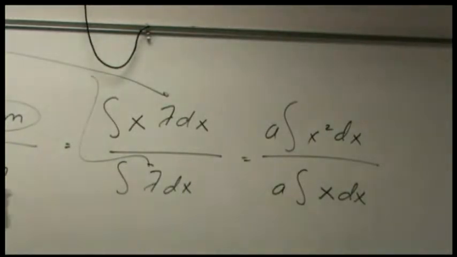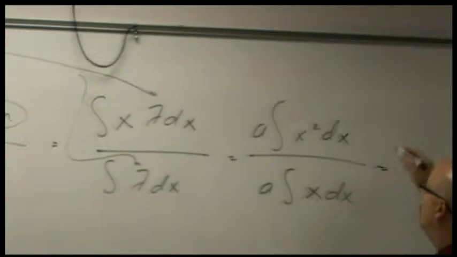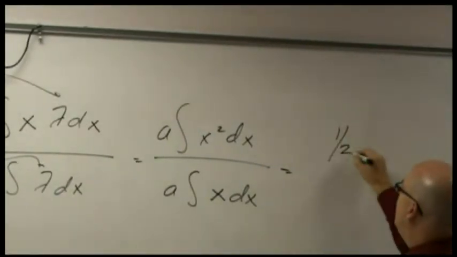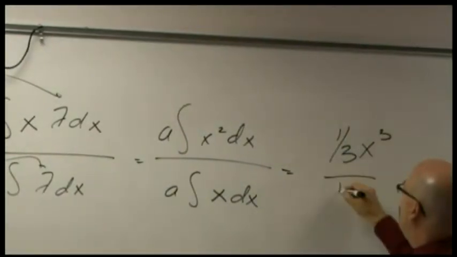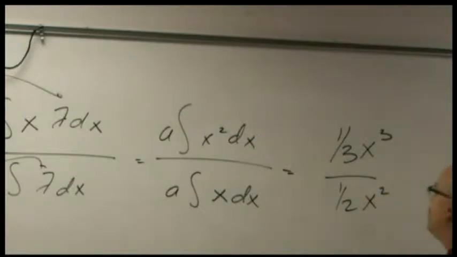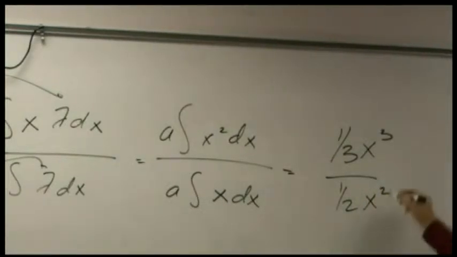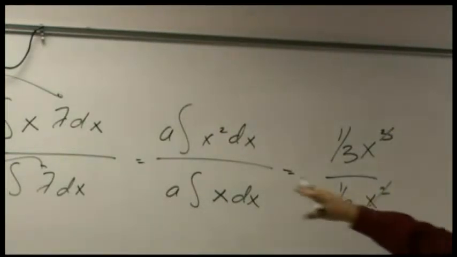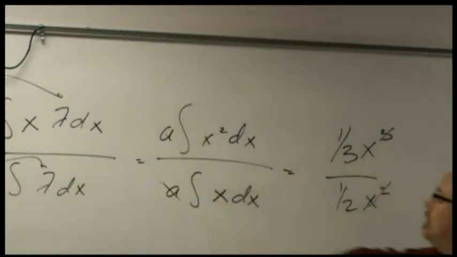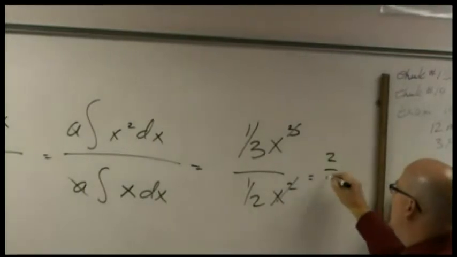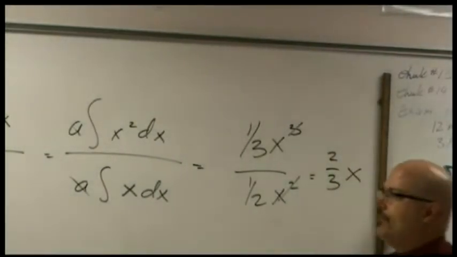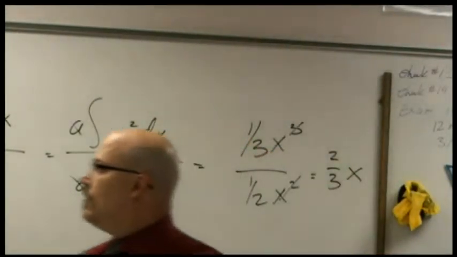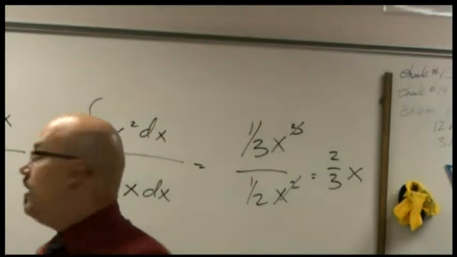Once we get it to there, we can solve that. So what does this become? One third x cubed over one half x squared. The x's go by, and our a's go by over here. So we end up with two thirds x.